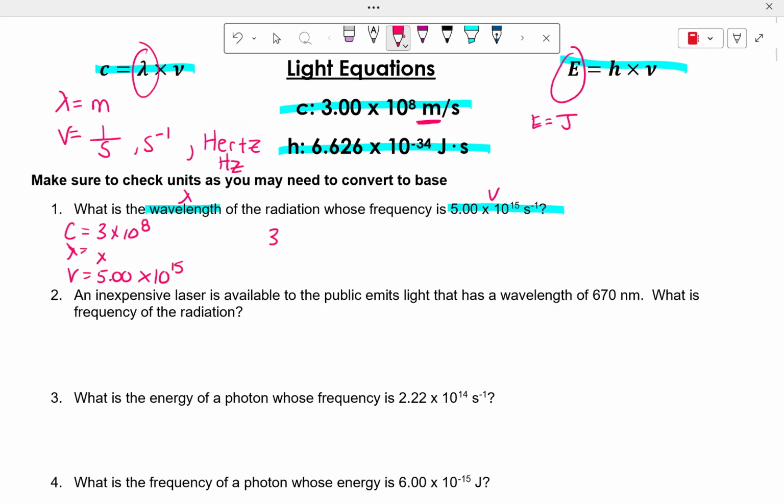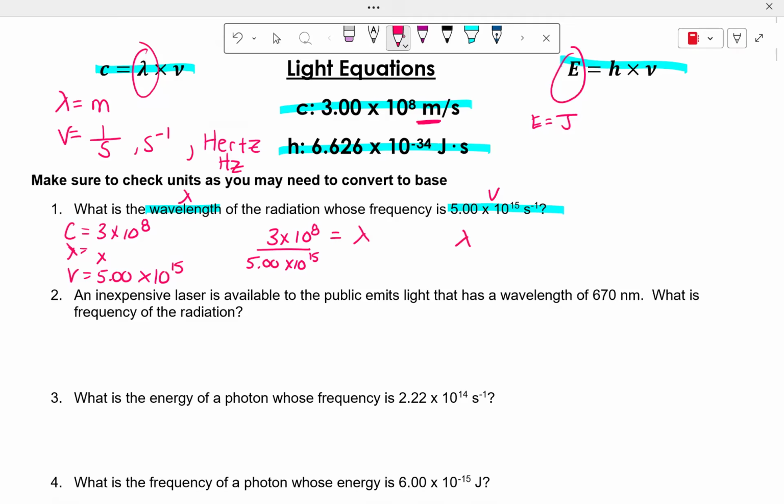So we will always solve this equation the same way because 3 times 10 to the 8th is on the left. Whichever one we are trying to find ends up alone, and then the other one that we have gets divided over. So in this case, we end up dividing over the frequency because we want to end up with wavelength by itself.